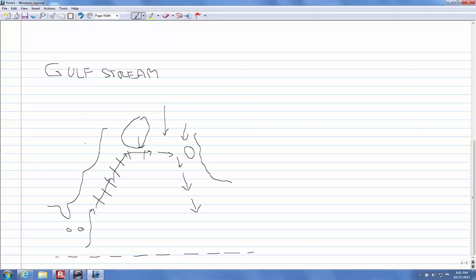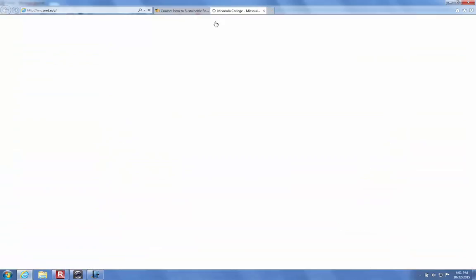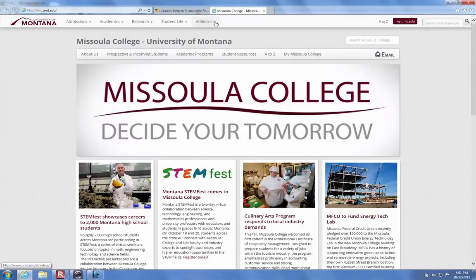Where I looked at Bay of Fundy, let's see if we can't find that again, and we'll take a look at a tidal bore there.